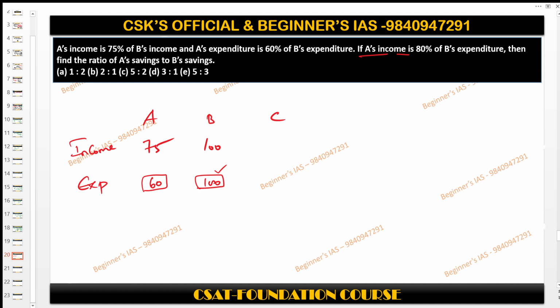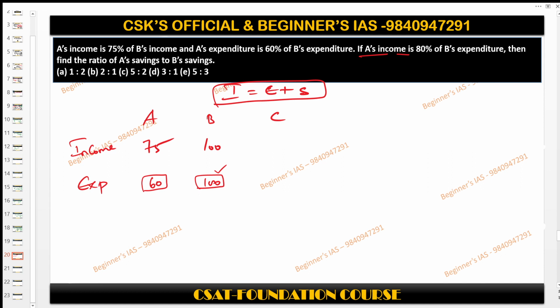Everyone understood? You know this logic first. Income is equal to expenditure plus savings. First of all, you need to understand this one. This we have already discussed in some other classes also.